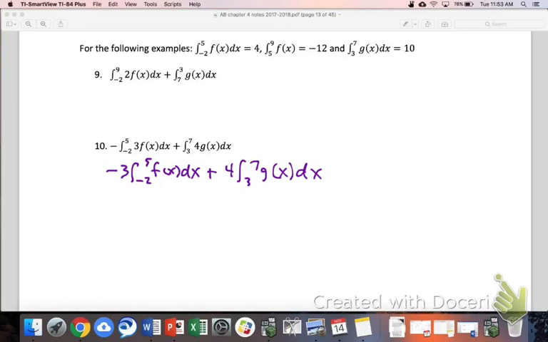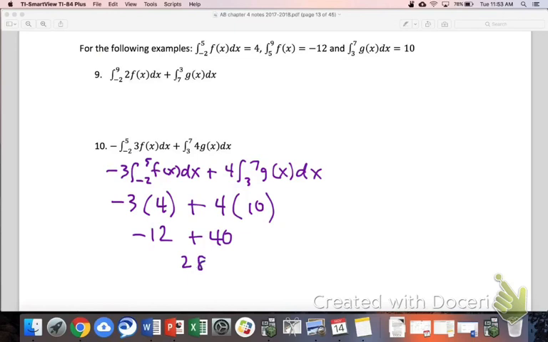And then for that first one, we can see that the integral from -2 to 5 is 4, right? So this would be -3 times 4 plus 4 times, and the integral from 3 to 7 is 10, so 4 times 10. Making sense? So I'd go -12 plus 40. I'm coming up with 28.